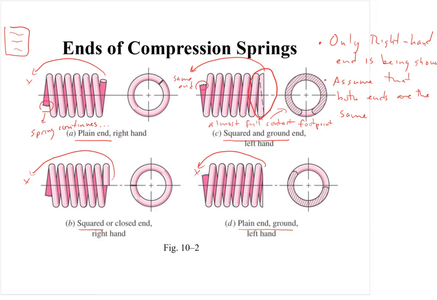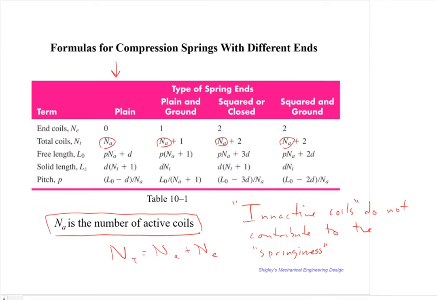All it's doing is helping locate the end of the spring on the mating surface. So that's an inactive coil. These end coils can be inactive coils. You could call them end coils or inactive. So from that we can back out the number of active coils.